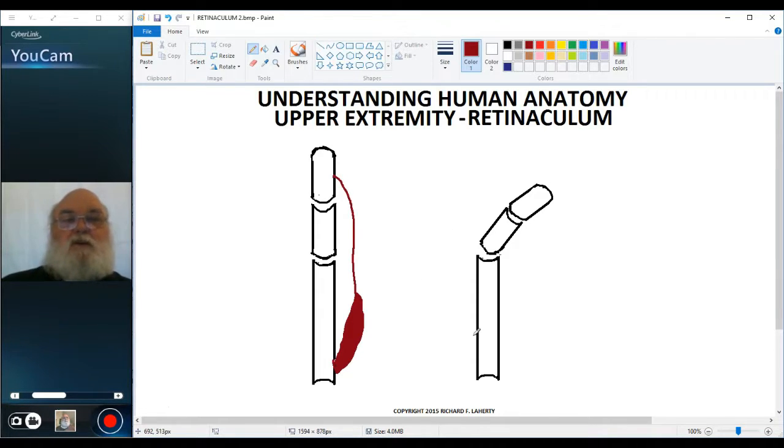So let me sketch in the muscle again. And here's its tendon coming up to the distal bone. And again, I'll color in the muscle.